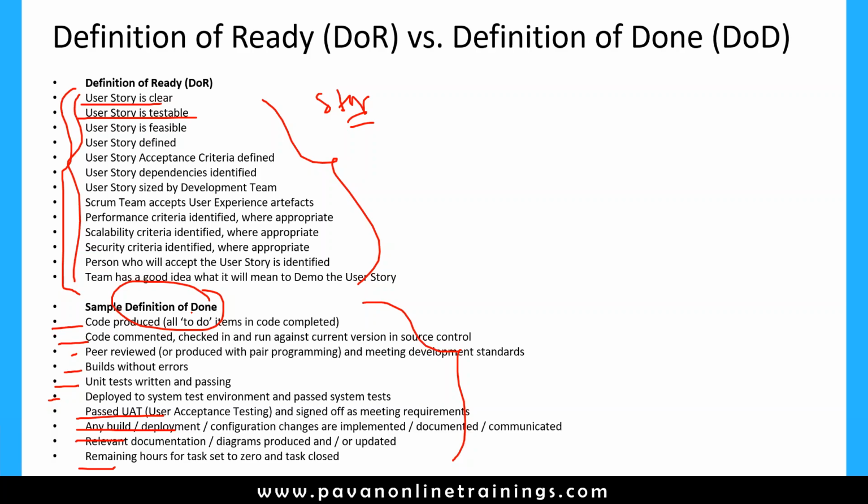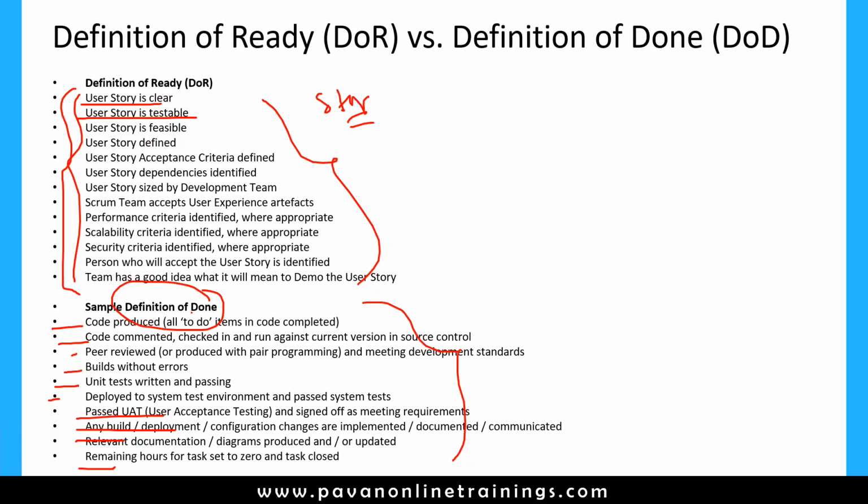Okay, so before jumping into the agile process, we need to understand these terms. What is DOR, what is DOD? DOR means definition of ready, a number of rules which we have designed for when we say a story or task or epic is ready. Similarly, definition of done contains a set of rules which says when we can say done.